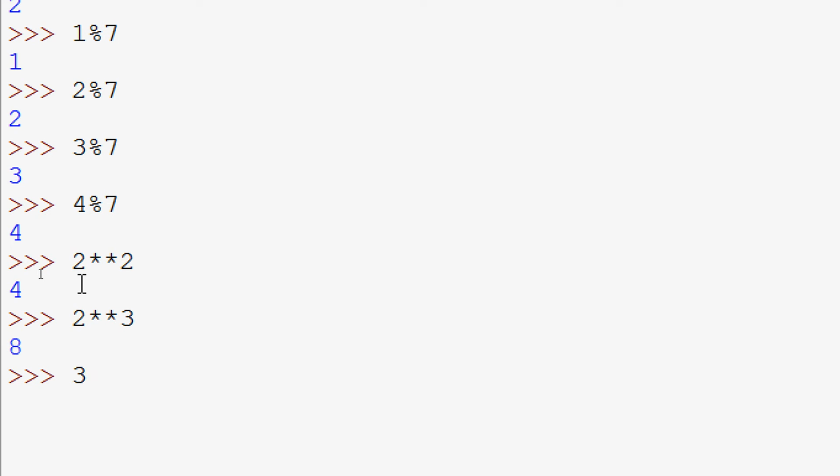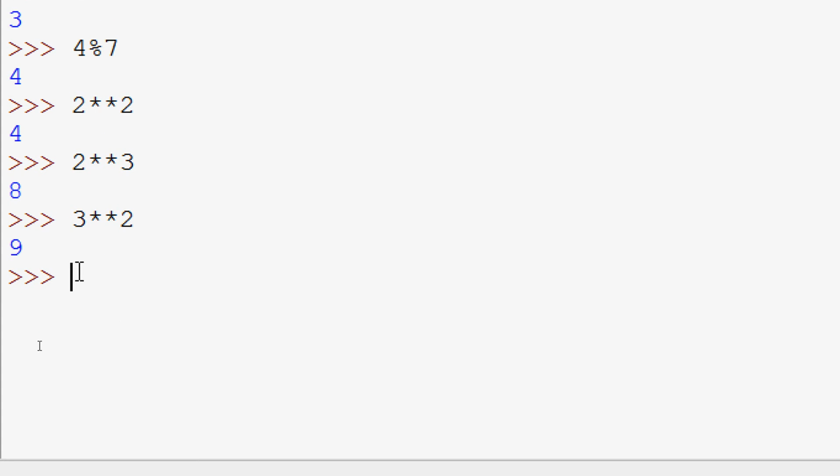We will try 3 to the power of 2, it's 3 into 3, it's 9. One more example, 2 to the power of 2, so we know it's 4, then to the power of 2, so 4 to the power of 2, that means 16. So here we can see the result.